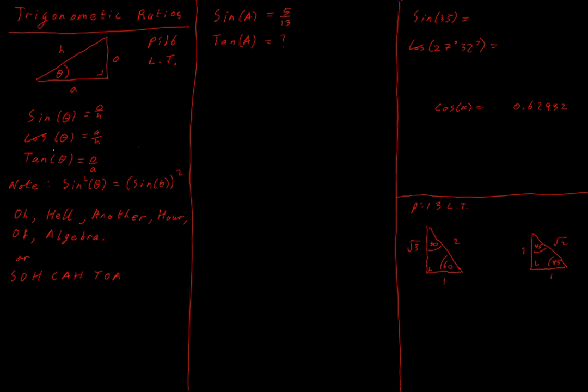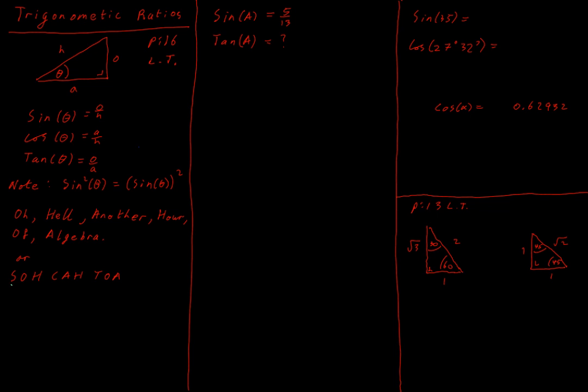In terms of remembering our relationships, they are in principle on page 16 in our log tables, but because these tools are used so often, it's better to have them at your disposal immediately. So to that end, there are some rhymes to help you remember these things. So in terms of sine, cos and tan, you could go, oh hell, another hour of algebra, if you like, or Sakatoa is a very common way of remembering.